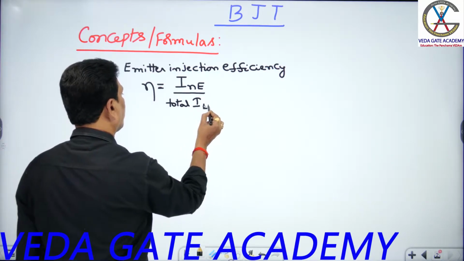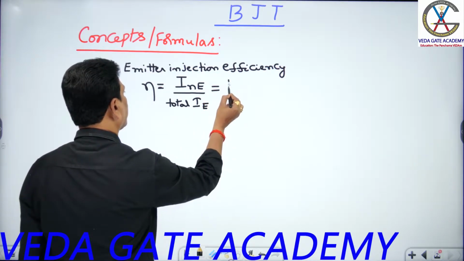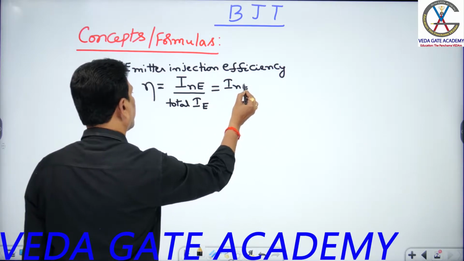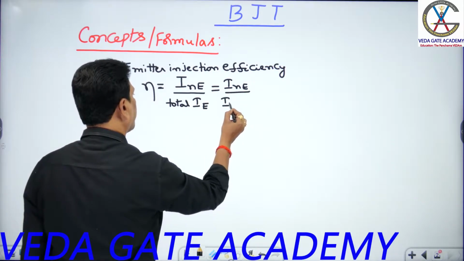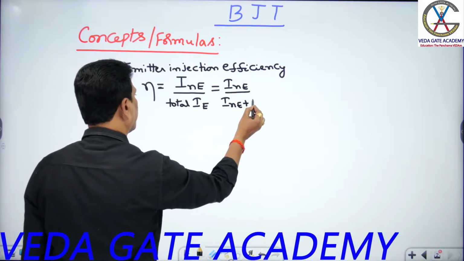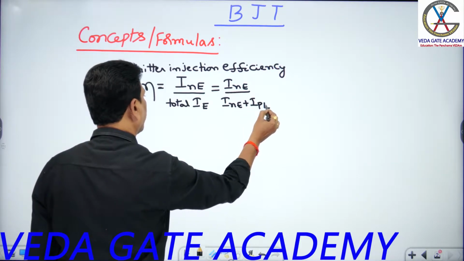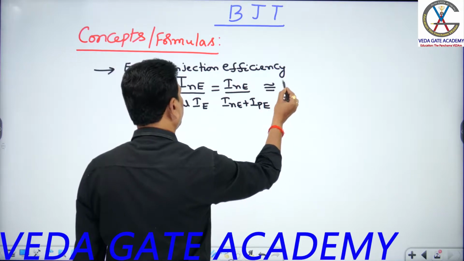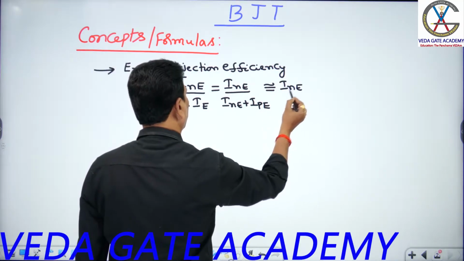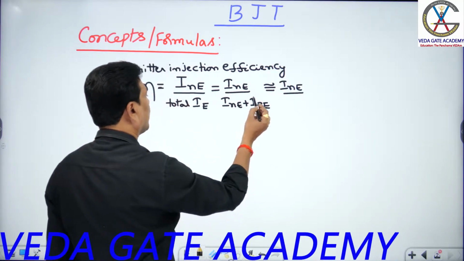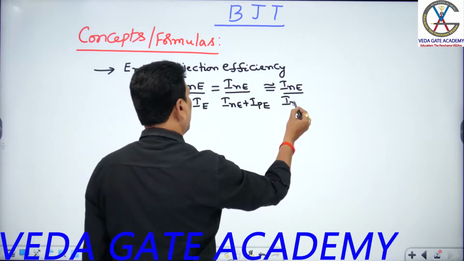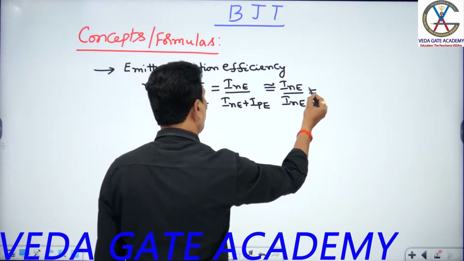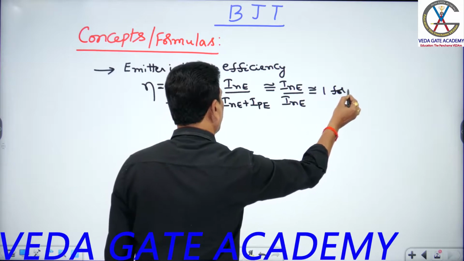Total IE is equal to INE plus IPE, as you already know. So the efficiency is INE by INE plus IPE. For an NPN transistor, INE is greater than IPE, so INE by INE is close to 1. This is considered for NPN.